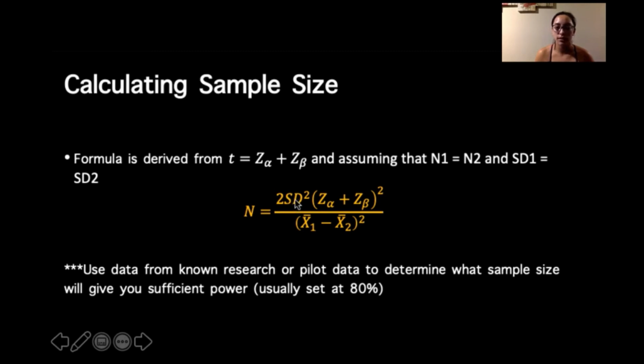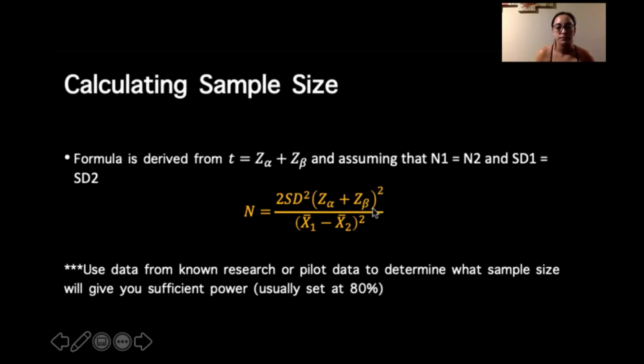Usually this is going to be pooled between the two groups. We have the value associated with the probability that we'll make a type 1 error, and the value associated with the probability that we'll make a type 2 error, and that's divided by the difference between the means. Doing this all together should give us the sample size that we need at the desired power we want.